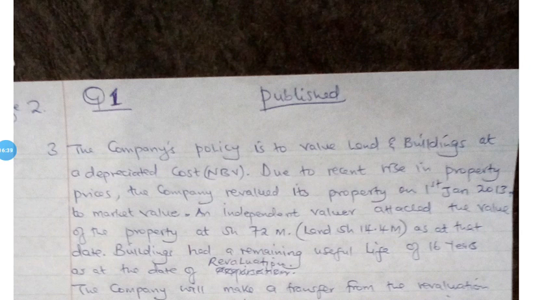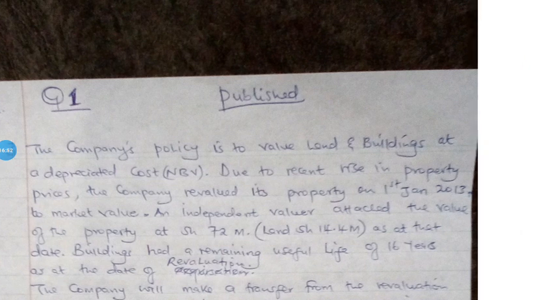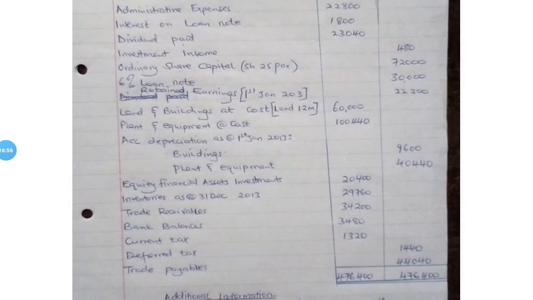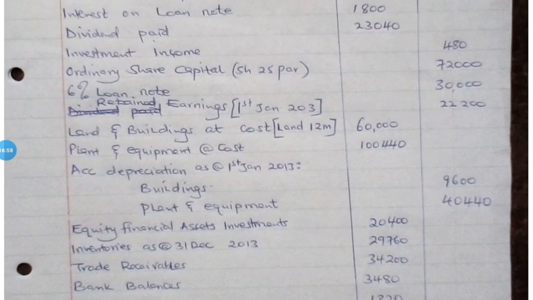buildings? Remember, buildings depreciate. And that is when you can check your trial balance. The value for land at the beginning was 12 million, but land and buildings was 60,000.